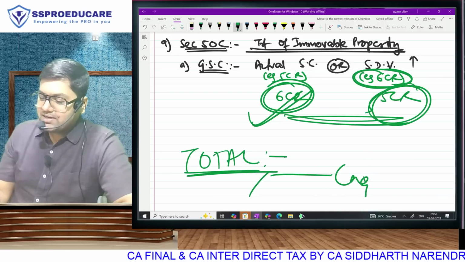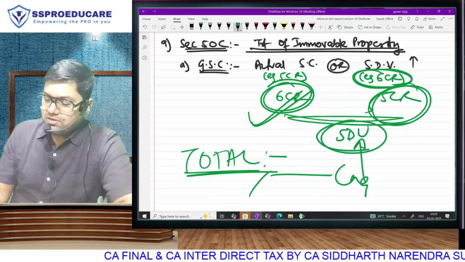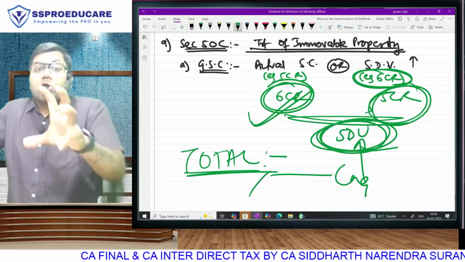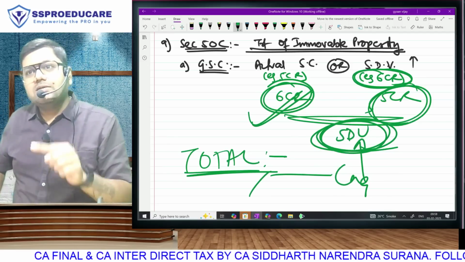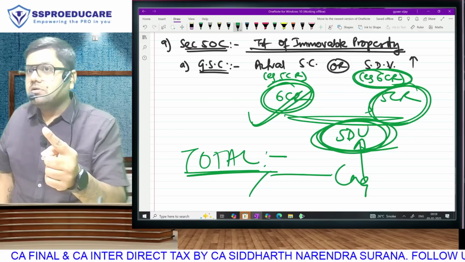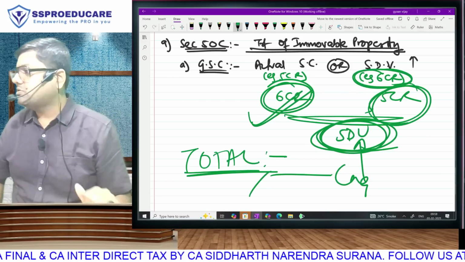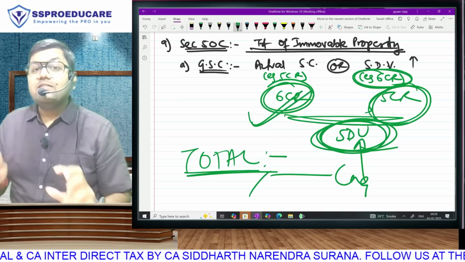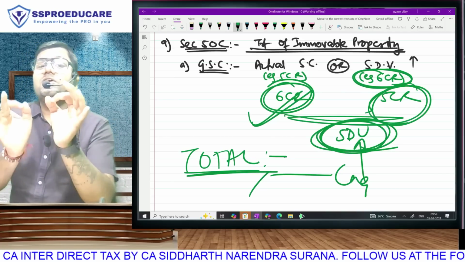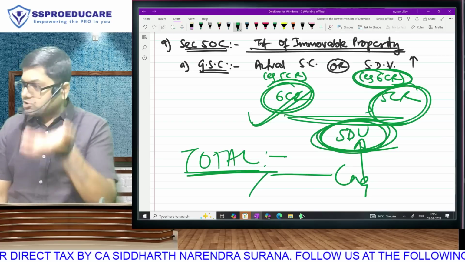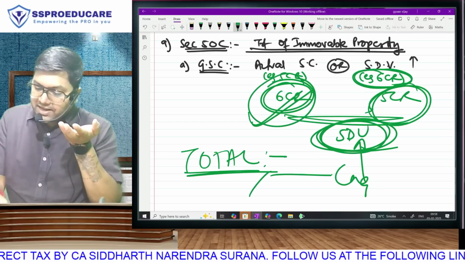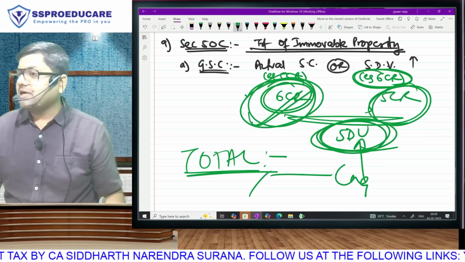The cheque part has to be to the extent of stamp duty value, because anything below stamp duty value is of no sense. The buyer still has to pay stamp duty on stamp duty value. The seller still has to pay tax on stamp duty value. But anything higher than stamp duty value is stupidity of the highest level, because if your actual is higher, the buyer's tax will also increase, and the seller's tax will also increase.